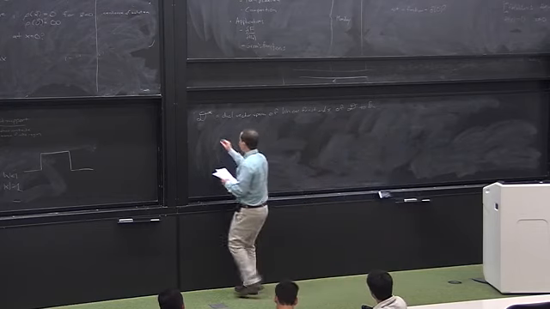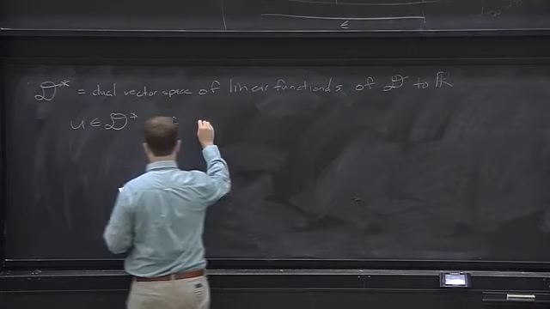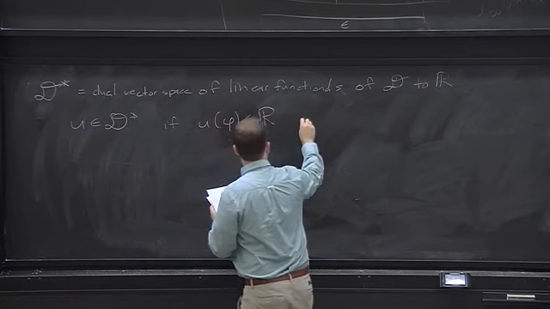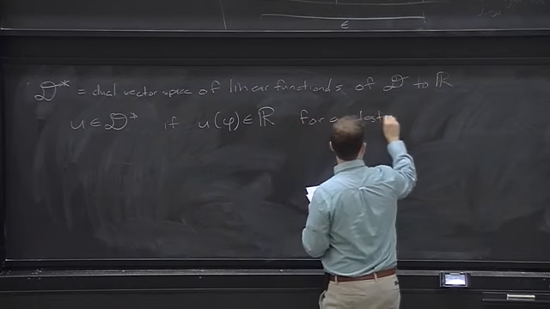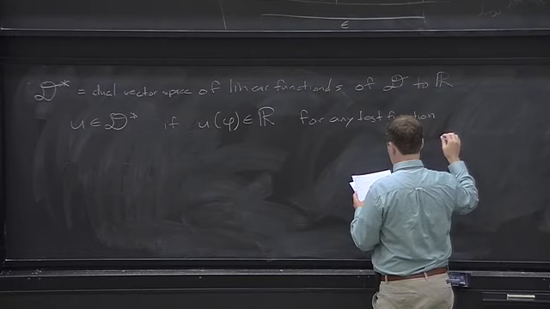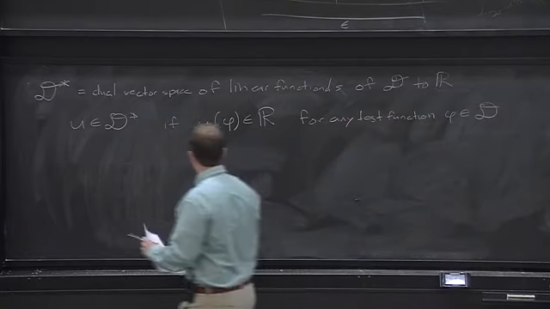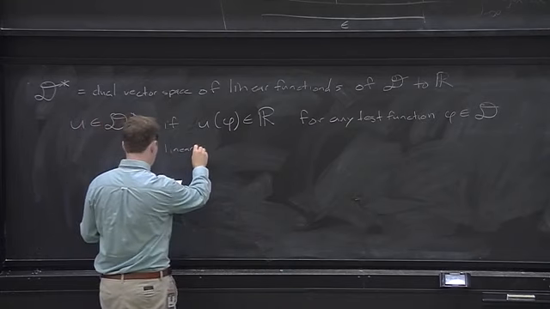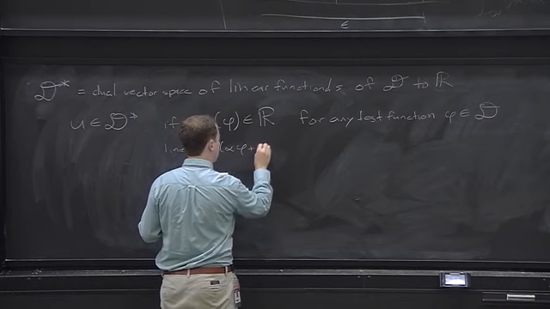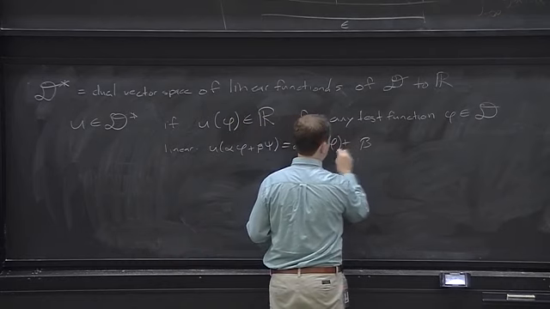So that means that u is in D star if u of phi is a real number for any test function phi in D. And linear means that if we take u of a linear combination of test functions, we just get back alpha u of phi plus beta u of psi.